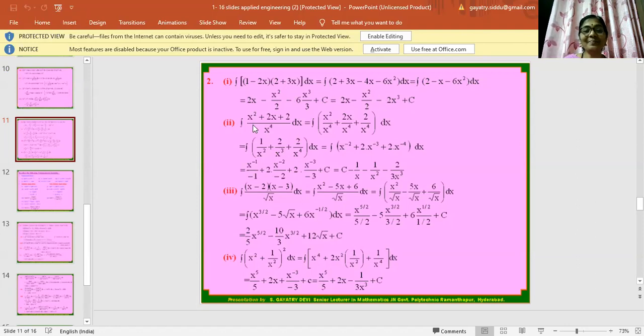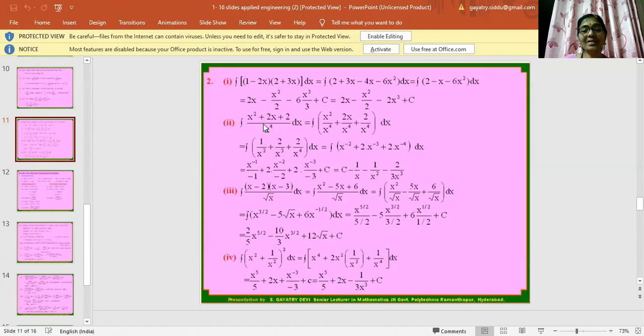Coming to the next one. Integral x square plus 2x plus 2 by x power 4 into dx. No special formula is given for fractions. We come across it through only integral f of x plus or minus g of x dx equal to integral f of x dx plus or minus integral g of x dx.